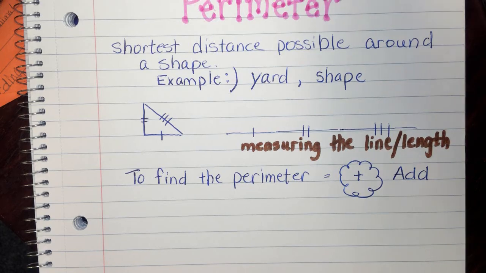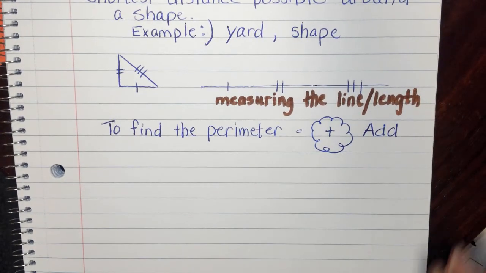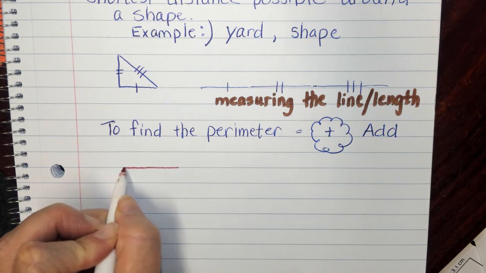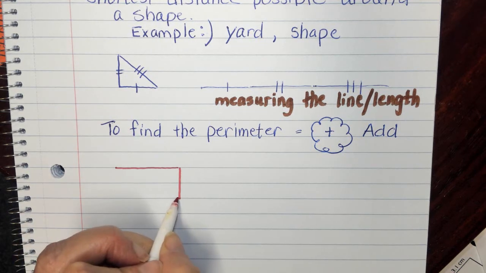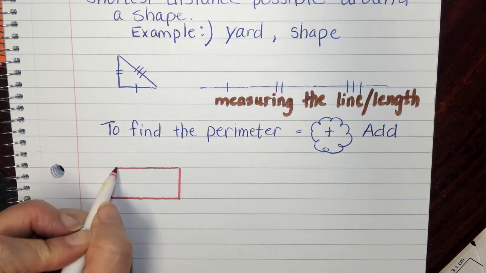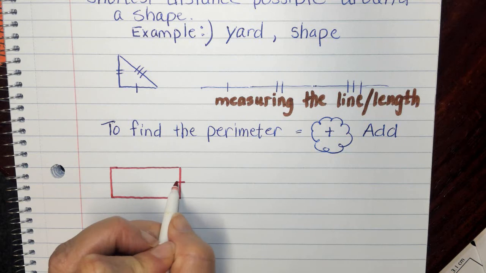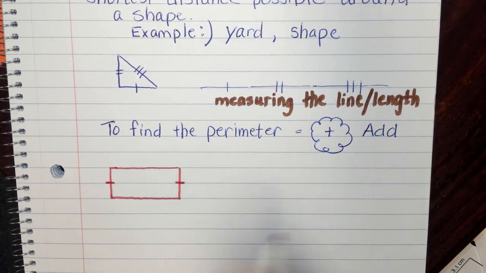Before I move on though, I do want to add one little thing. Sometimes you may not have shapes with odd sides like that triangle or maybe even a pentagon, but you may have a shape that looks more like this. A shape that has opposite sides that are congruent, meaning the side length of this side is the same as the side length of that side.